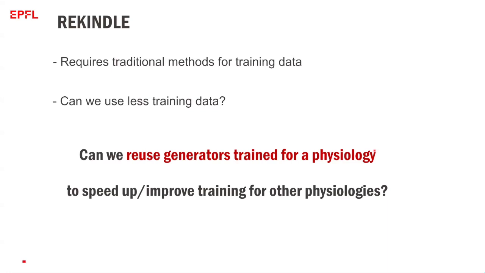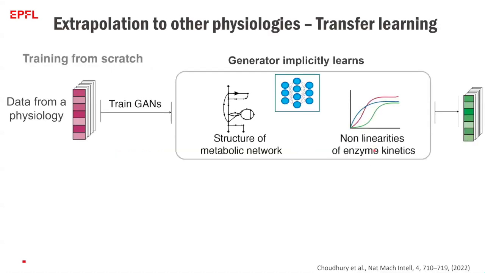The idea is that when I train my generator for one physiology, it really gives me the parameters, but implicitly it also learns the structure of the network and the nonlinearity of the underlying rate expression laws.